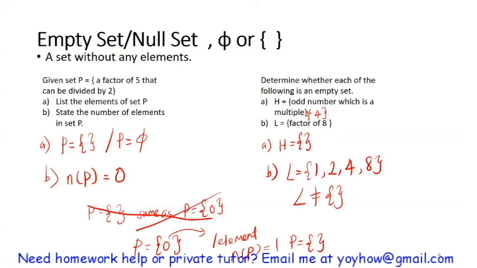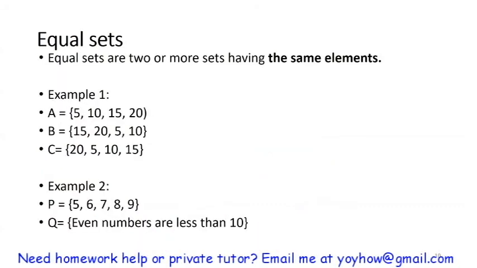Next, we have another topic called equal sets. So what are equal sets? Equal sets are two or more sets having the same elements. What does it mean by same elements? We look at example 1. Here we have 5, 10, 15, 20 for set A. Set B, we have 15, 20, 5, and 10. Set C, we have 20, 5, 10, and 15.